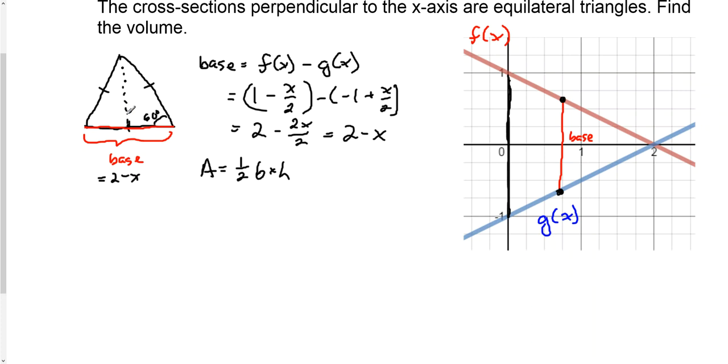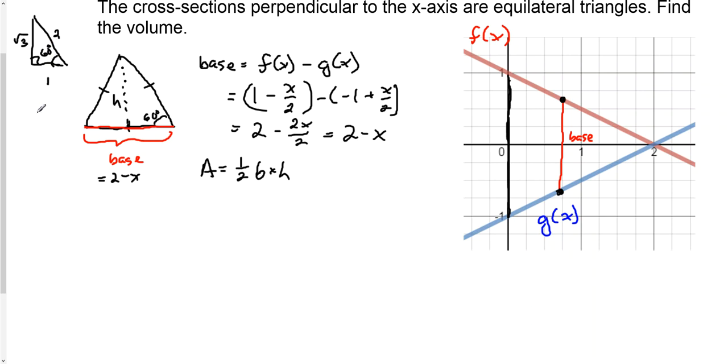So we can use a special triangle here. If that's the base and that's the height right in there, we could refer back to our 30, 60, 90 special triangle, which is 1, 2, root 3. This is 60 down in here.